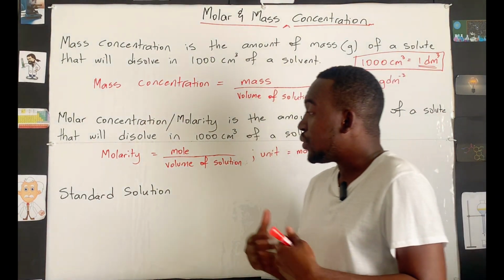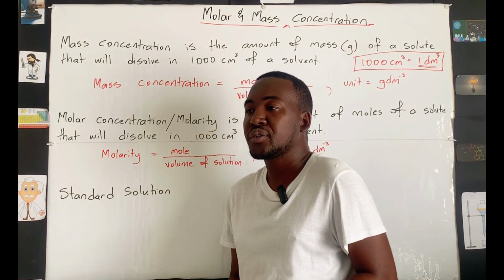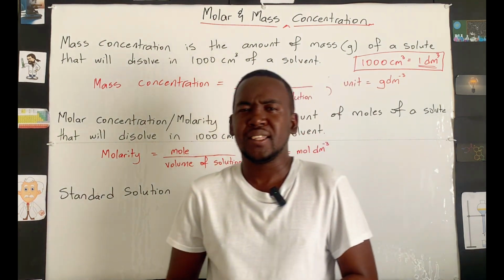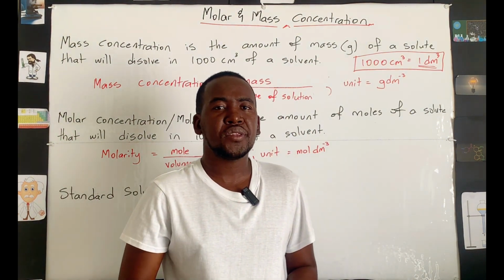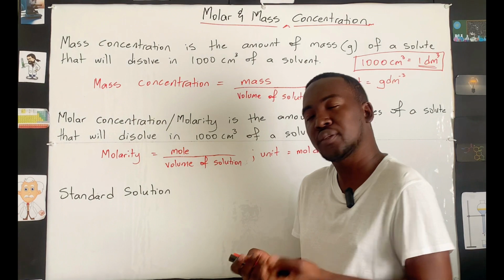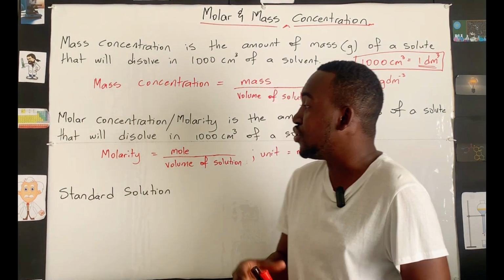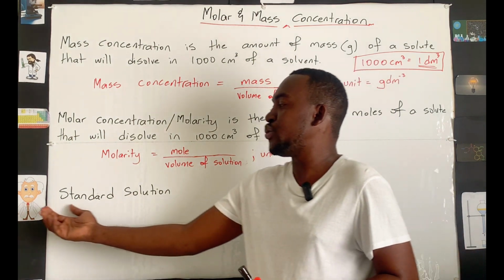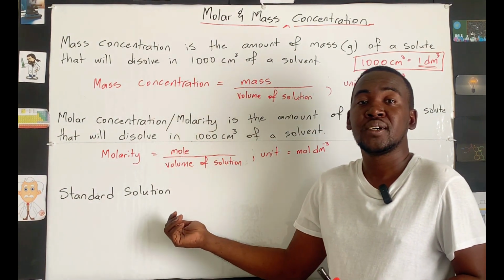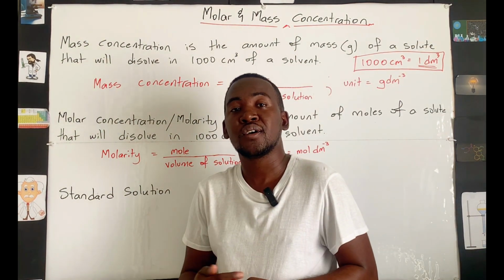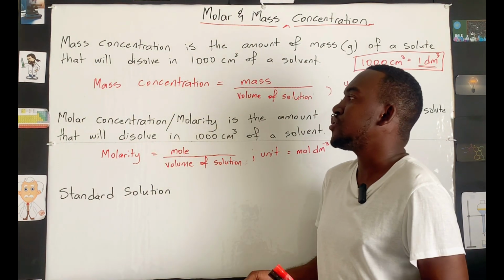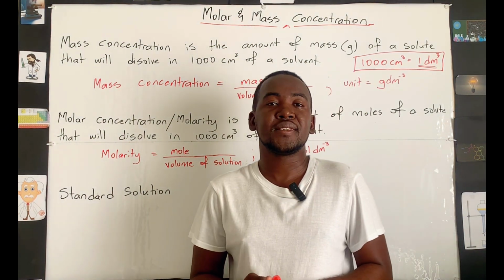We normally use this in a method that we call titration. Titration is a method that we're going to explore further on in the syllabus that talks about how we use a known concentration, which would be our standard solution, to help to calculate or determine the concentration of unknown substances.